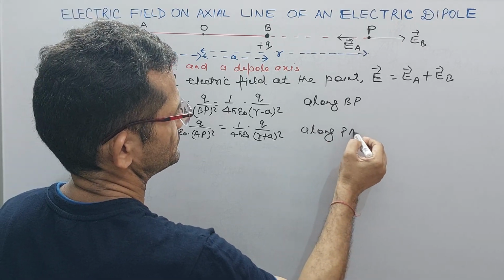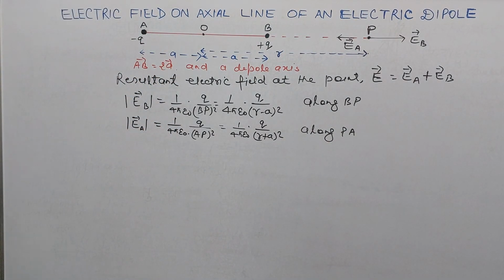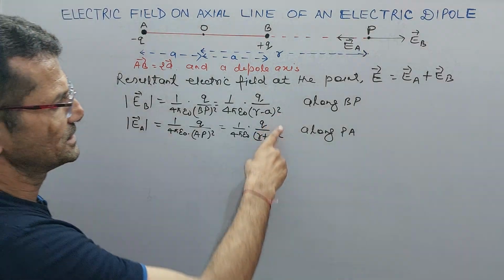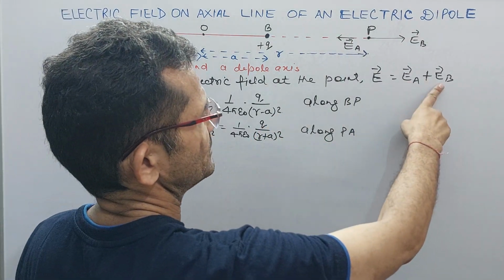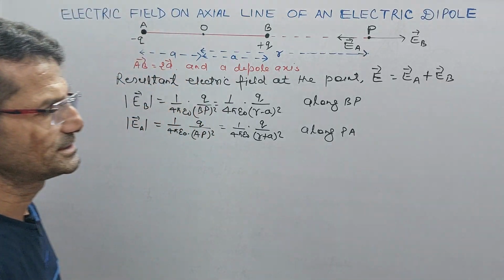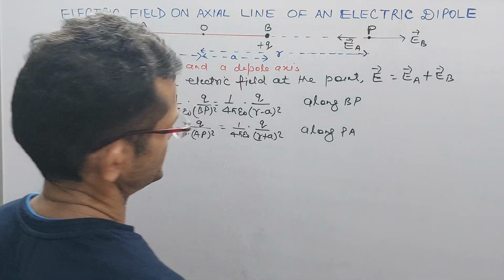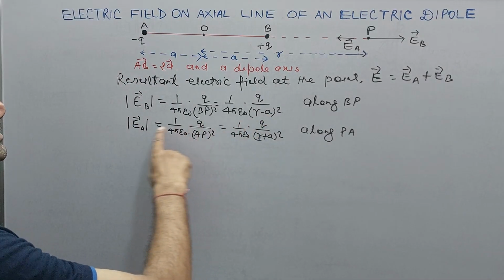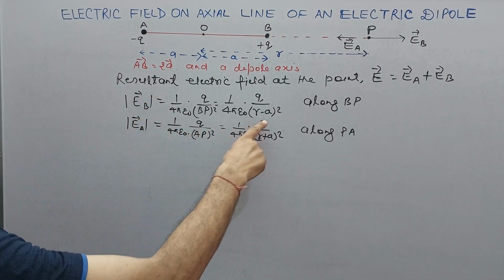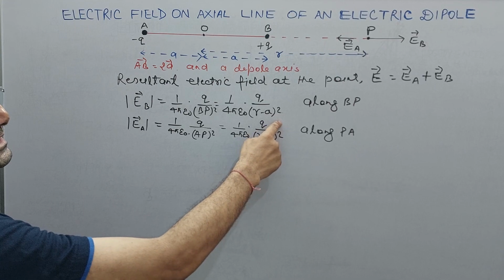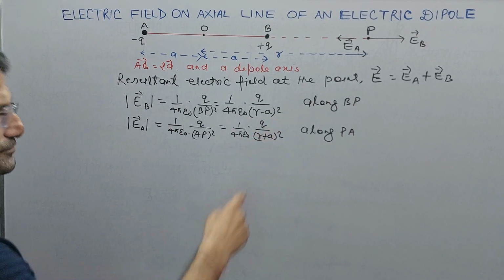Along P to A. So from the expressions of this and this, because they are linear along the same straight line but in opposite directions, the resultant will be along the direction of EB, because the denominator of EB is smaller than that of EA.